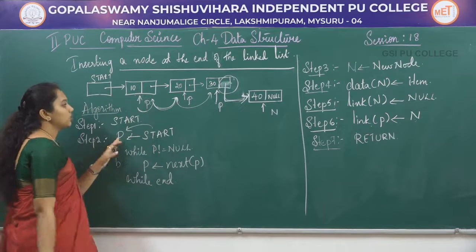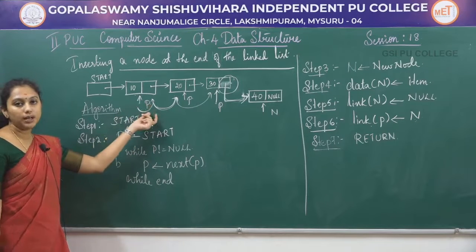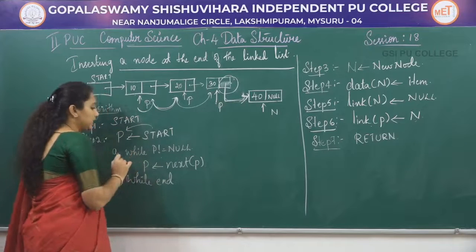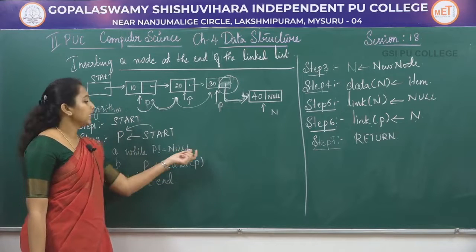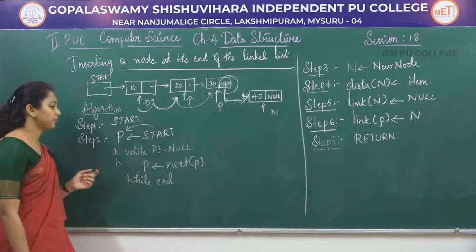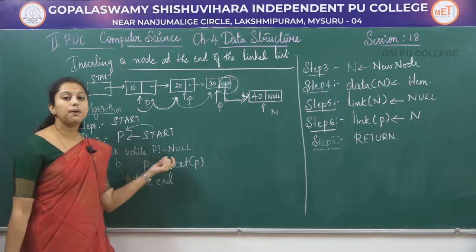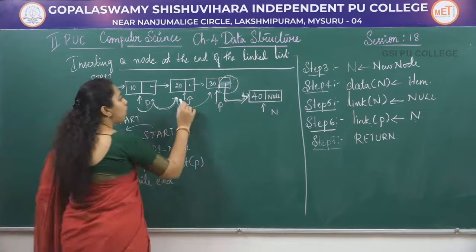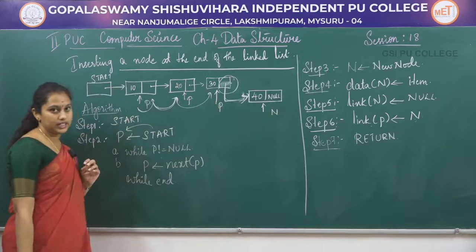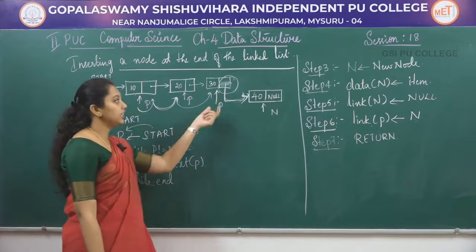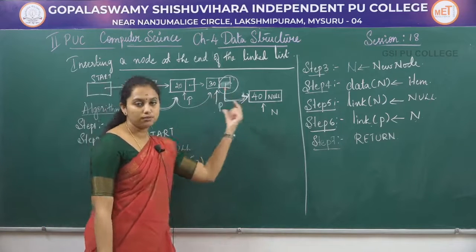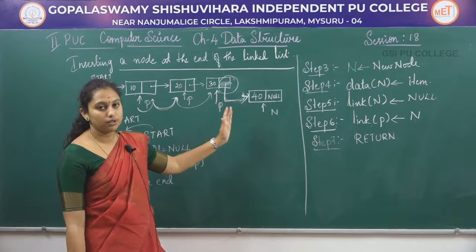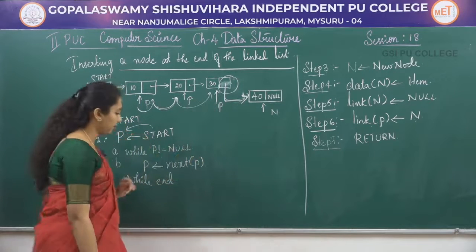So consider this node as a pointer P. Here we are going to check until the link part of the node gets null. So until the link part of the node gets null, we are going to traverse all the nodes in the linked list. When we get the null in the link part of the node, we are going to consider it as the last node of the linked list and we are going to stop traversing.